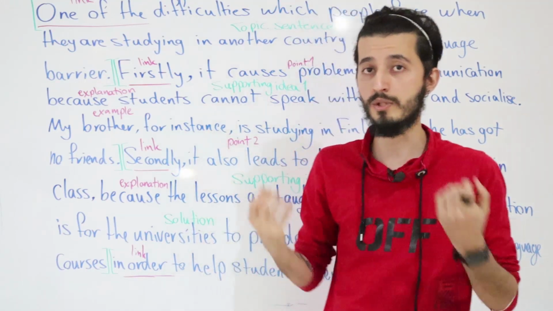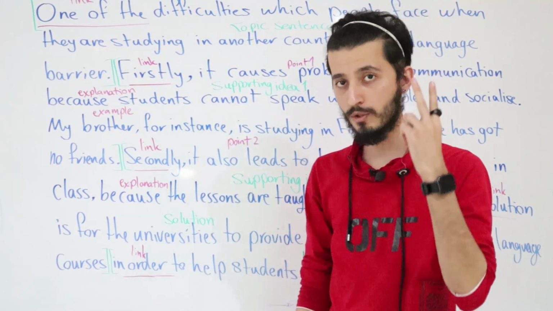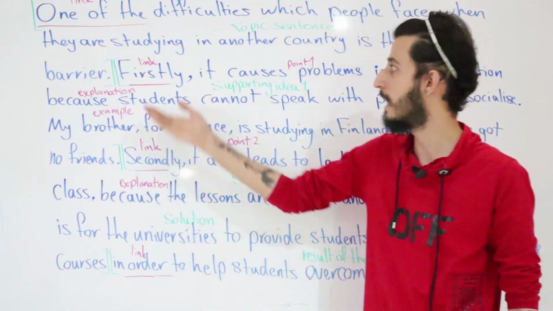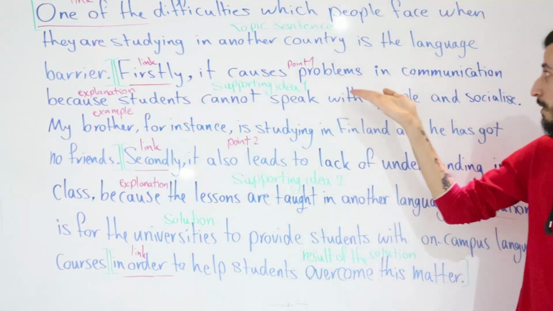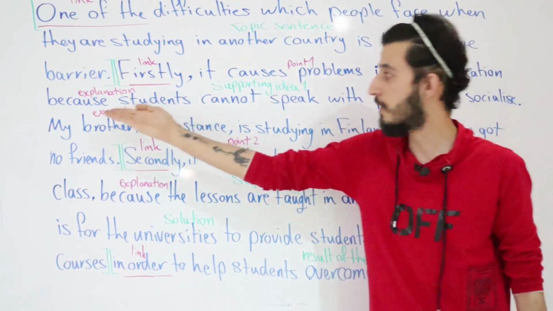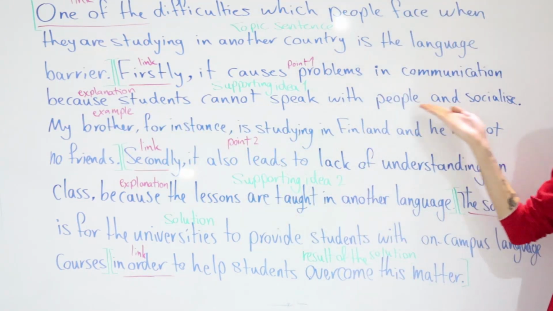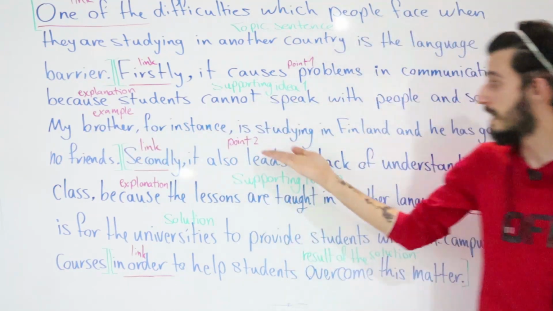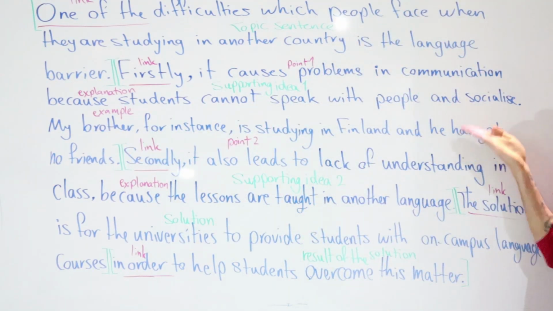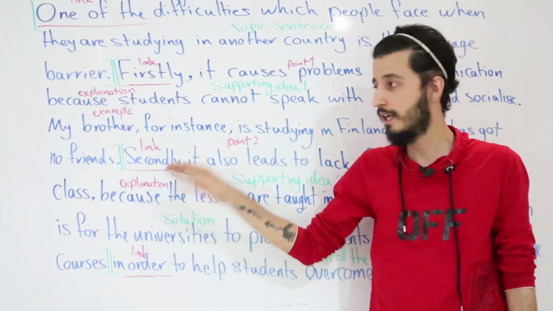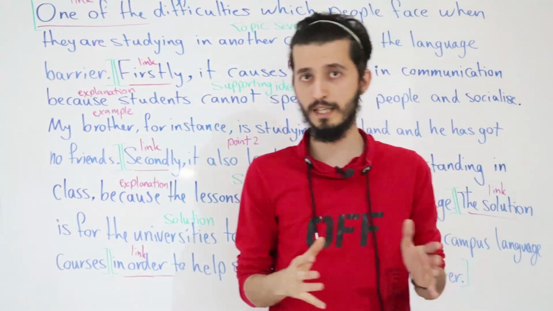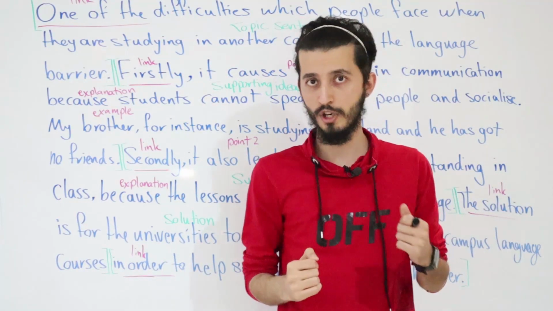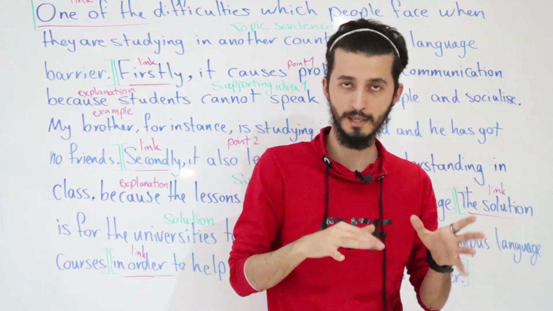After that, I need to support my topic sentence with 2 points. So let's begin with my first supporting idea. Firstly, it causes problems in communication because students cannot speak with people and socialize. My brother, for instance, is studying in Finland and he's got no friends. Here's my first supporting idea, which follows the PEEL approach, which stands for point, explanation, example, and link.